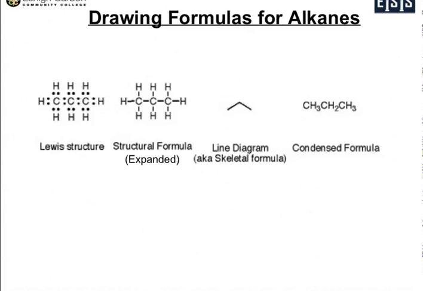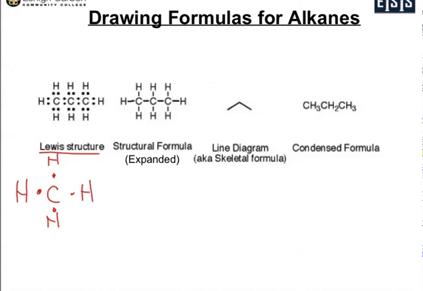And they'll use different methods depending on what they're trying to convey with the drawing. The first one we talk about is the Lewis structure. This is not too common to use, but you will come across it. And there you're just showing carbon has your 4 valence electrons. So if I'm just drawing methane, you're going to come in with 4 hydrogens around it.